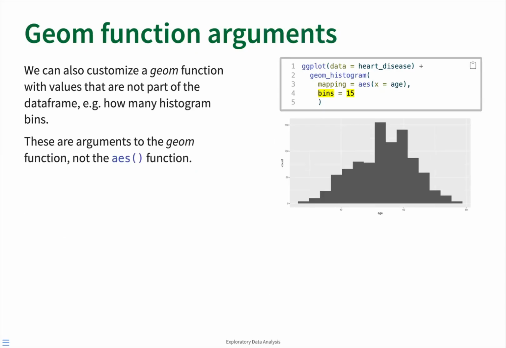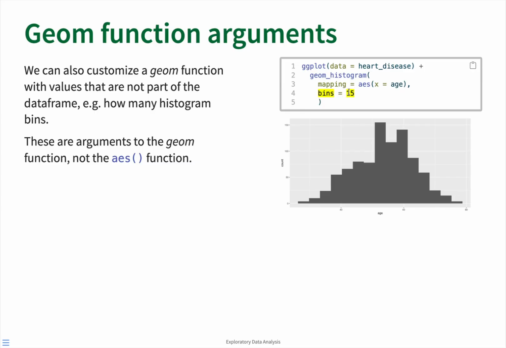We also have parts of the graph that we might want to customize, parts of the geom function's layer, where that customization is not based on a column of the data frame. So for example, we might want to change the number of bins in our histogram. Here, for example, we've set bins to be equal to 15.